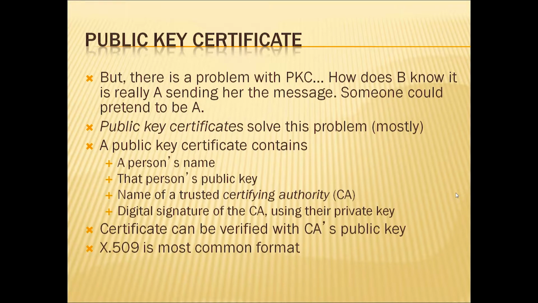So, the public key certificate will contain the person's name, the person's public key, name of the trusted certifying authority and digital signature of the CA. These are a must for the authentication of that particular person. So, certificate can be verified and X.509 is the most common format, as you all know.